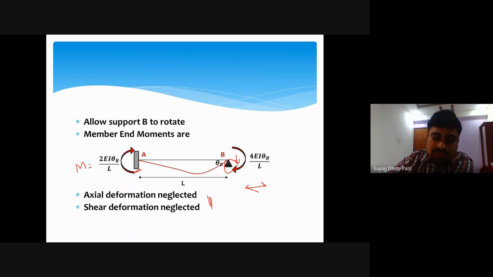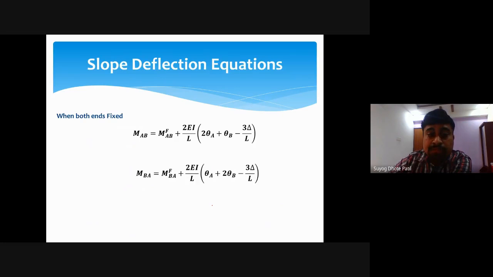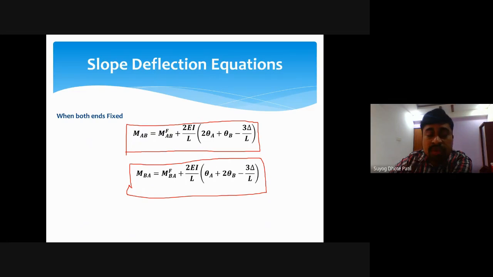Another basic assumption in the analysis by the slope deflection method is that we have to assume all the joints are fixed. Behind this relation there is a derivation. So what is the derivation?